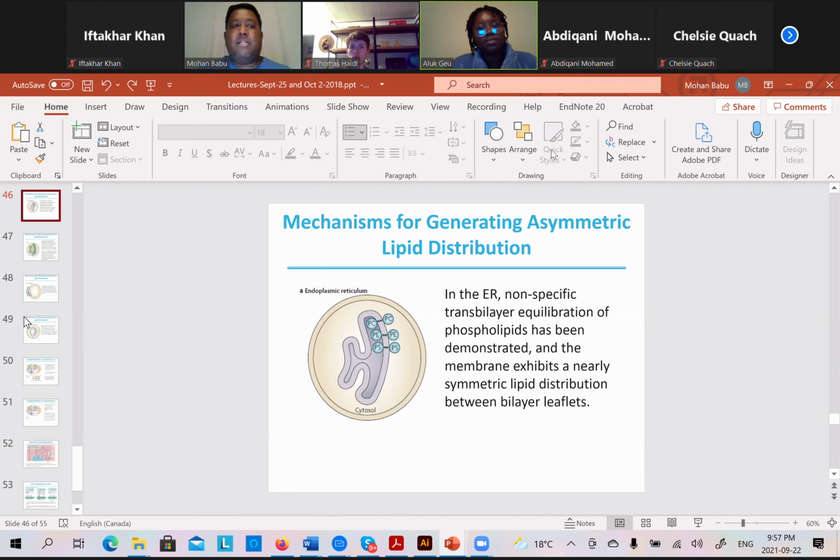You understand? But that's not always the case in the Golgi, because if you look at this one, only PE and PS are being translocated to the cytosol because of the P4 ATPases. Whereas most of the rest are present within the luminal leaflet of the Golgi itself. They're not going outside.